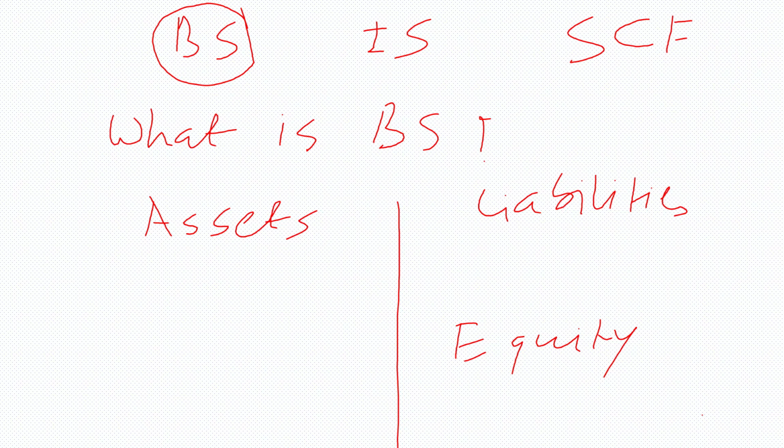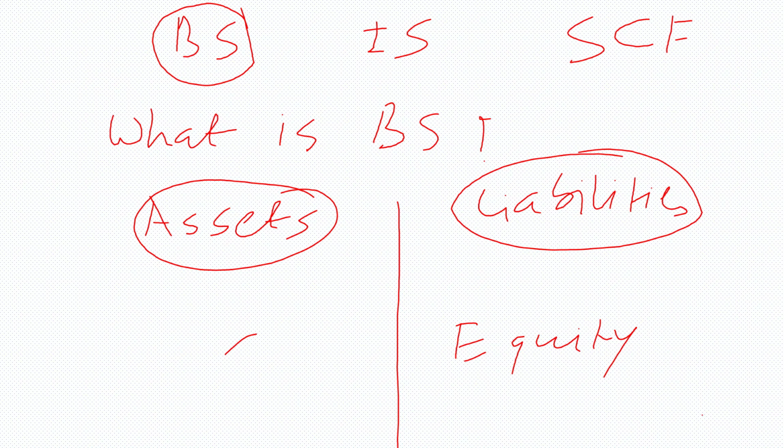So the asset basically means what the company owns today to generate future economic benefit for the company, right? And liability, this guy here, is how much the company owes today, and it usually represents company's obligation to its creditors.